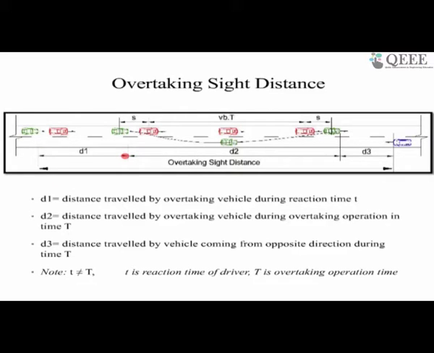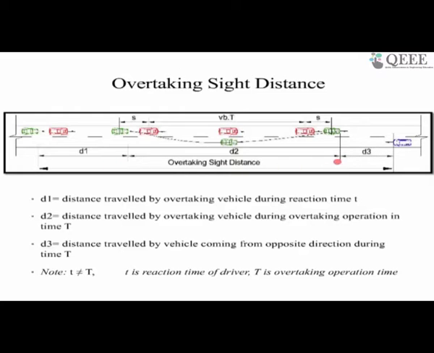So this is what the distance D1 says: the distance traveled by the overtaking vehicle following the red vehicle during that reaction time. Once it decides to overtake, it accelerates, goes past, and again maintains the minimum safe distance and comes back. This is the distance traveled by the overtaking vehicle during the overtaking operation, so D2 is that distance.